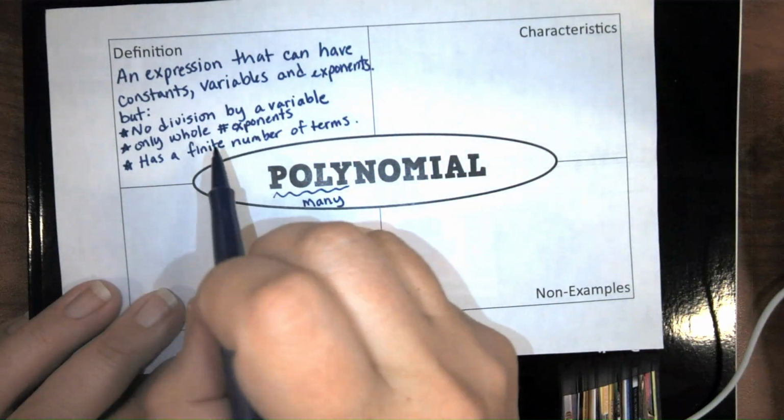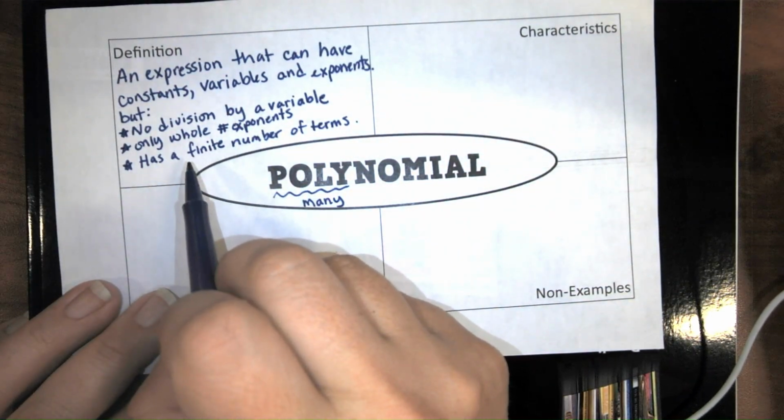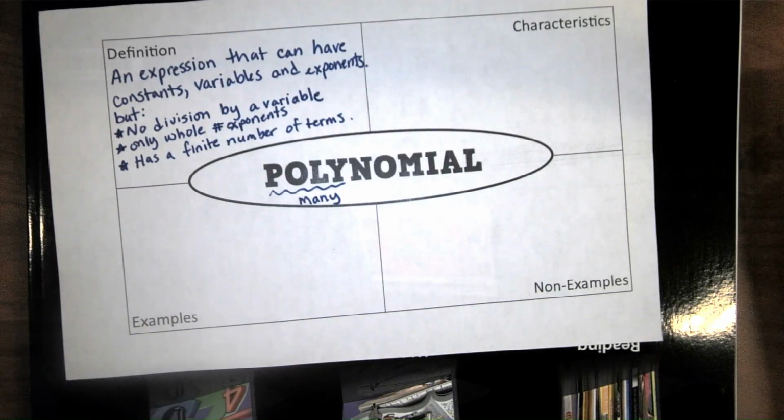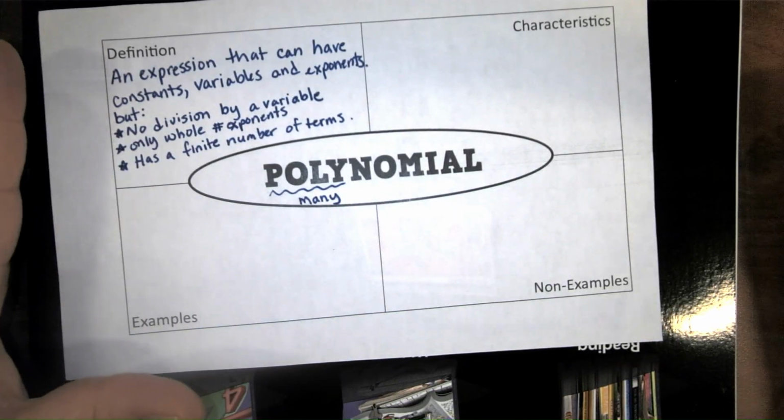And we know the word infinite means to go on forever, so finite is the opposite. It means that it stops. So that's our definition of a polynomial.